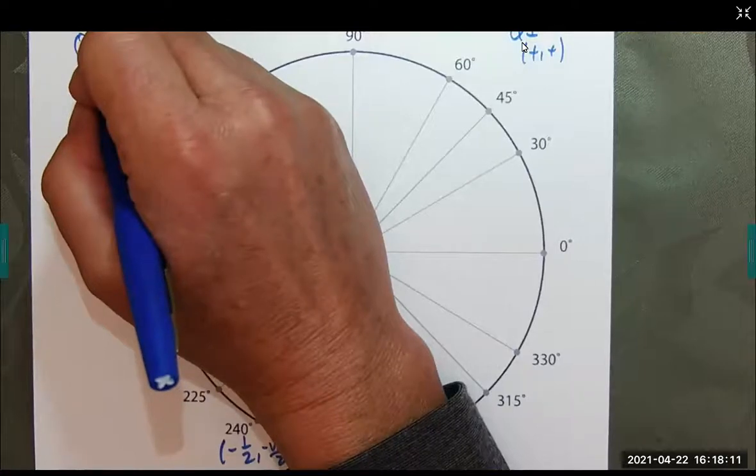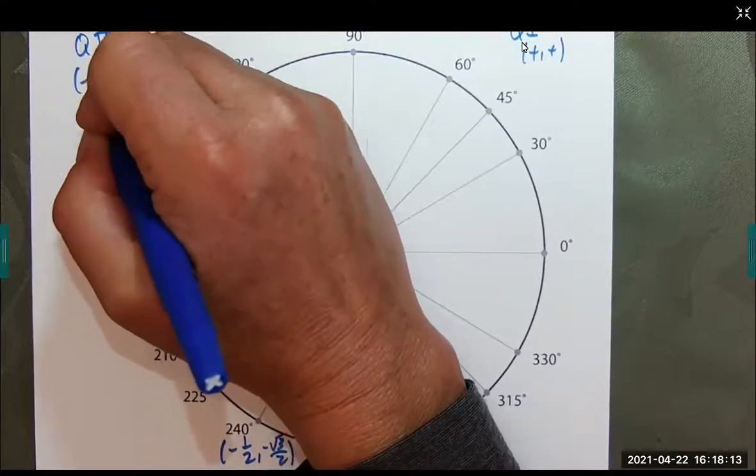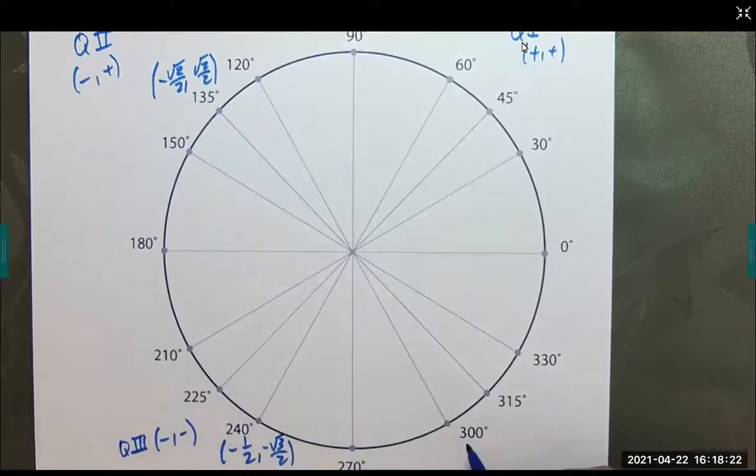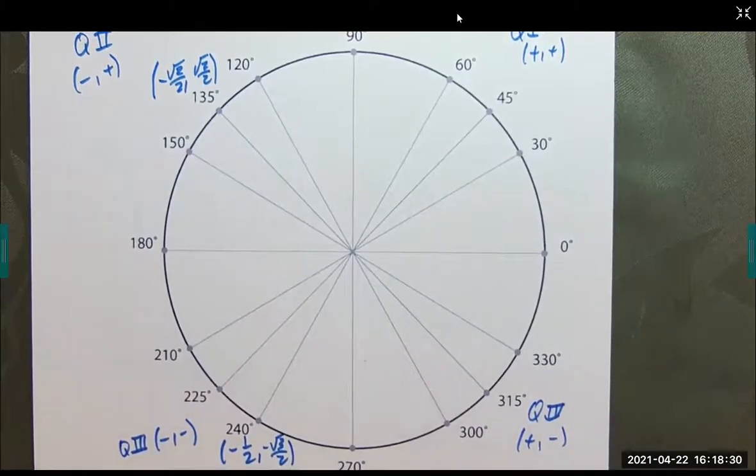Quadrant 2, x is negative, y is positive. Quadrant 3, both are negative. In quadrant 4, x is positive and y is negative. I hope that helps.